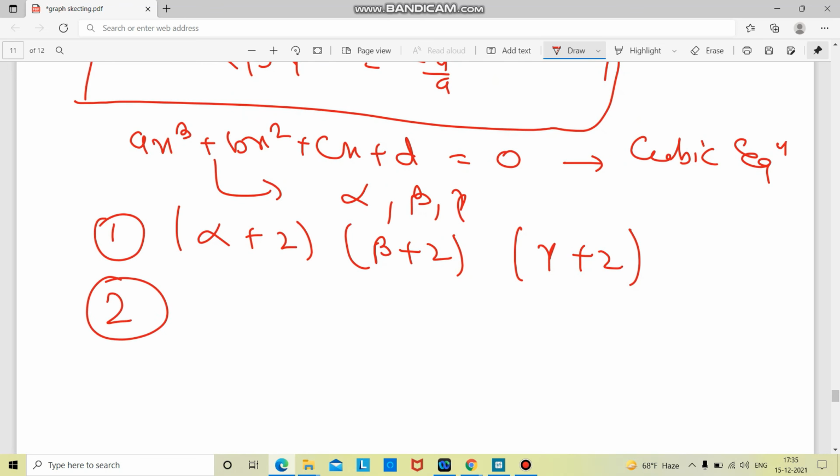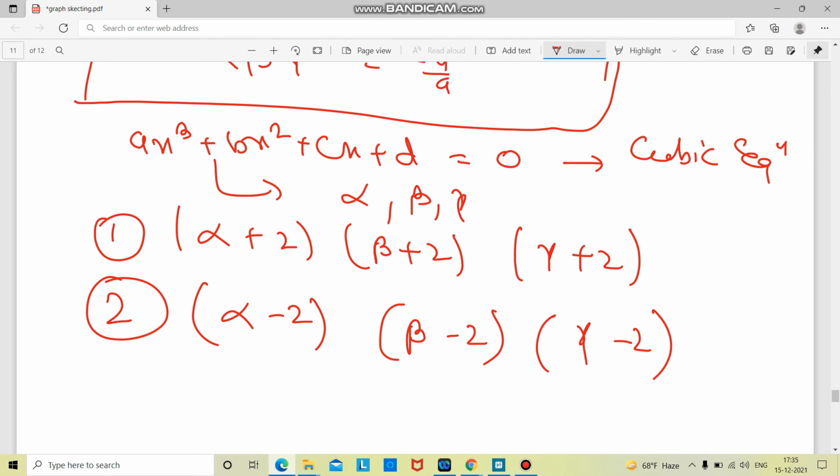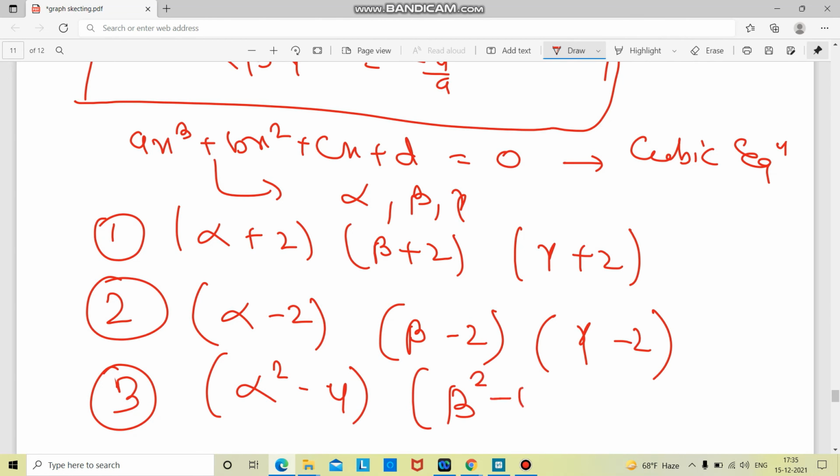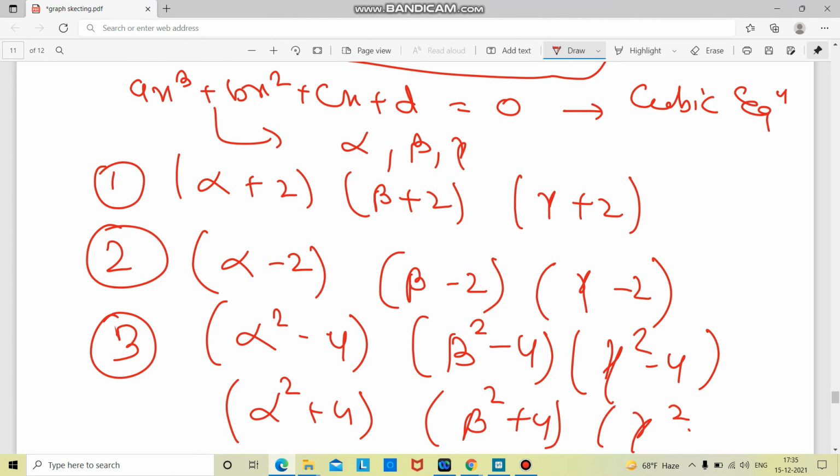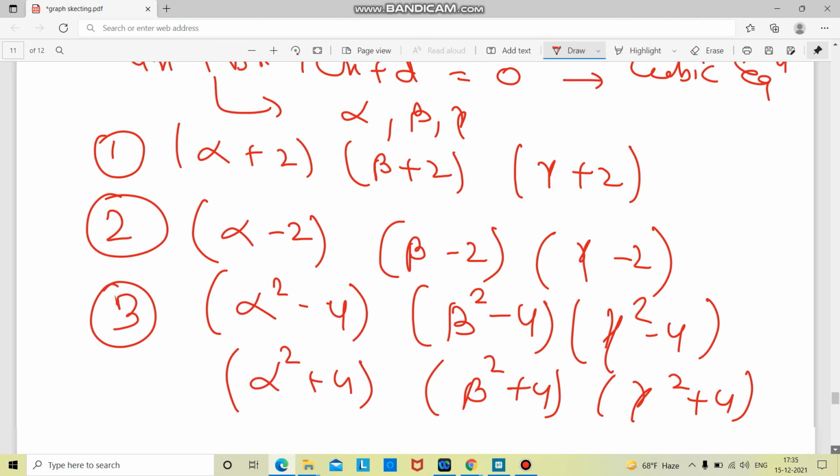This is the first question, and the second is alpha minus 2, beta minus 2 and gamma minus 2. The third question can be alpha square minus 4, beta square minus 4 and gamma square minus 4. And the fourth question can be alpha square plus 4, beta square plus 4 and gamma square plus 4.